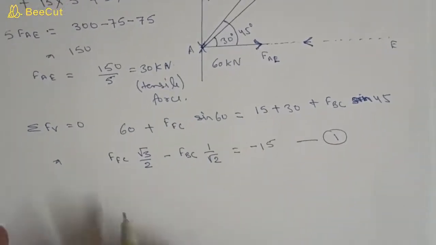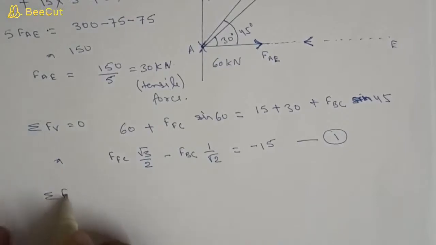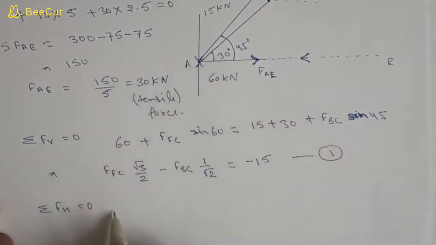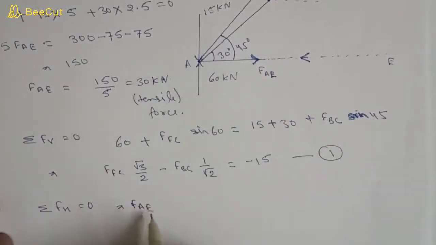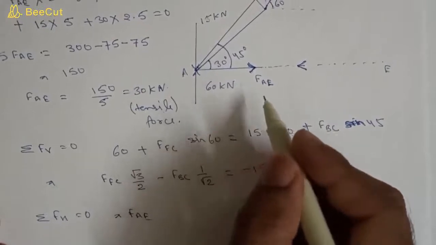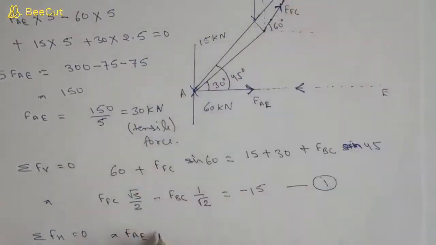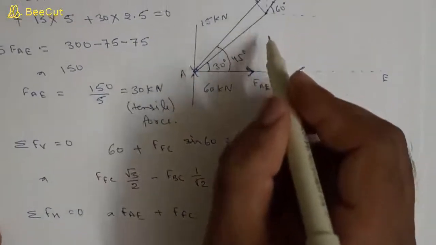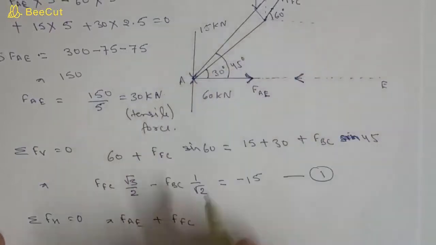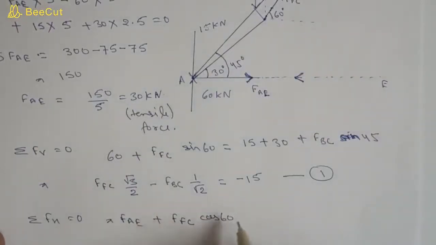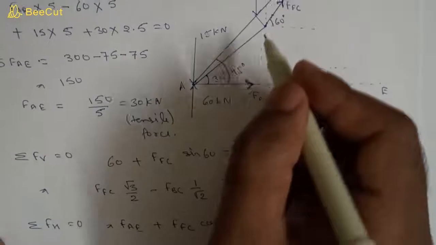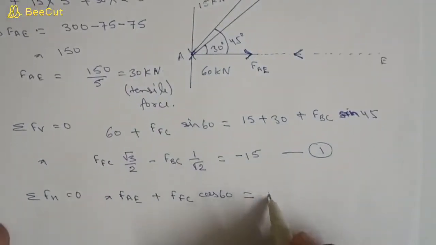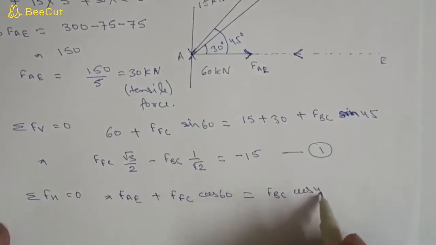Now we will do the sum of all the horizontal forces, which should be 0. What are the horizontal forces? This is FAE, so we will write FAE, and then FFC into its horizontal component, which will be FFC cos 60, is equal to the component of FBC, which is FBC cos 45.